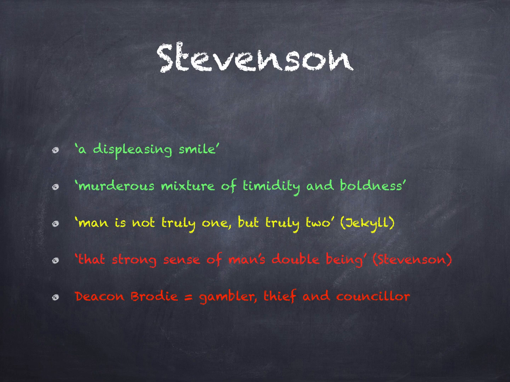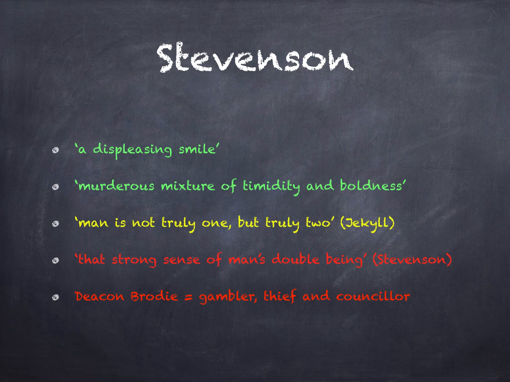There is an oxymoronic quality to this phrase. In a similar way, the mixture of timidity and boldness introduces us to this idea that one character can have two aspects. Can be timid, which is usually quite good, and bold, which can be bad. So very early on, we are told that man is not straightforward, and Hyde in particular has two sides to his character.